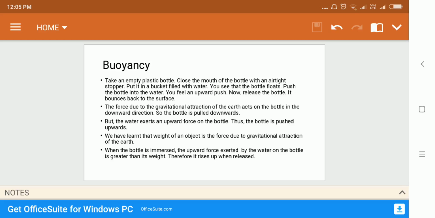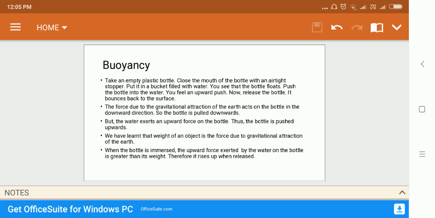The gravitational force, the weight, acts downward. But when the bottle is moving upward, it gets an upward force.